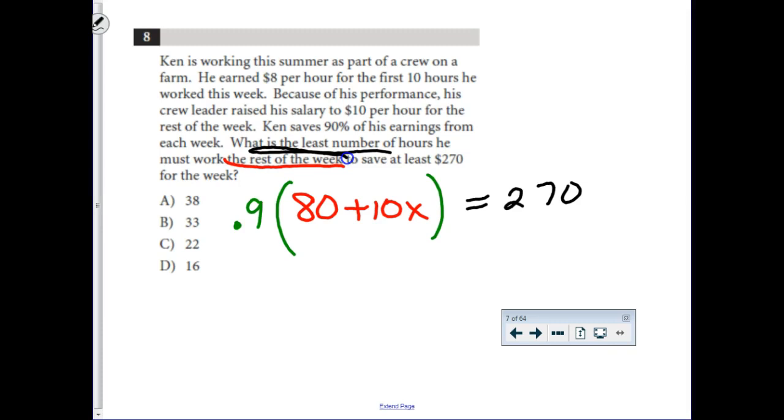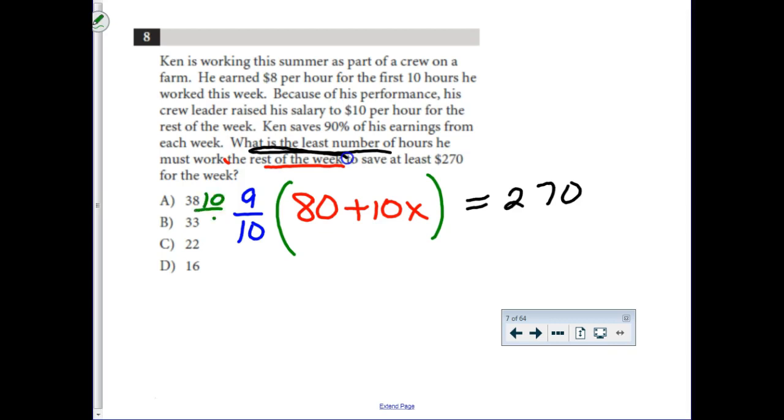Remember, no calculator. What's another way to write 0.9? 9 over 10. Save the day there. Hey guys, how do you get rid of a fraction?